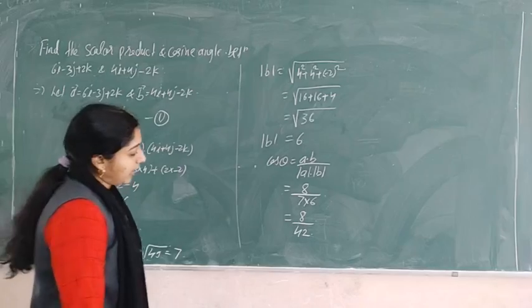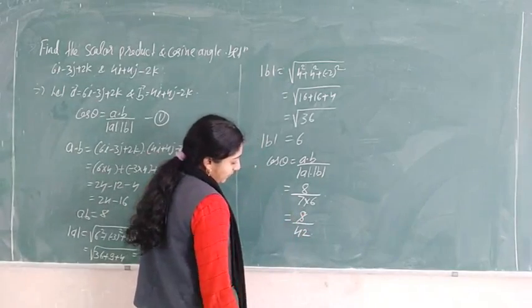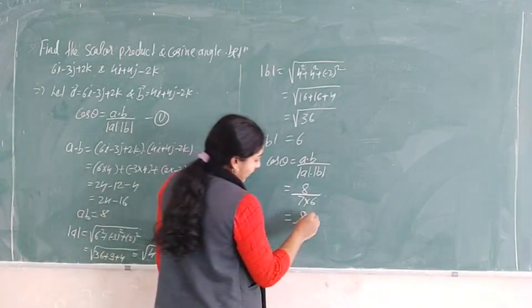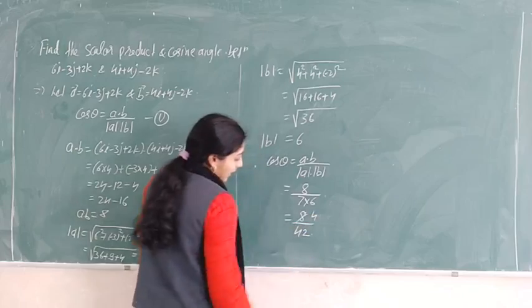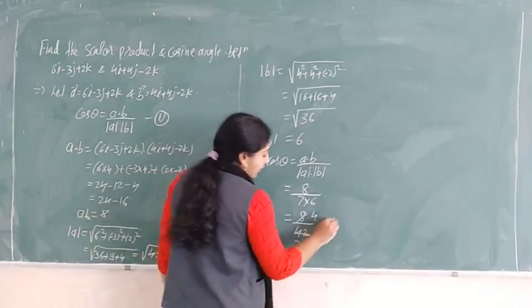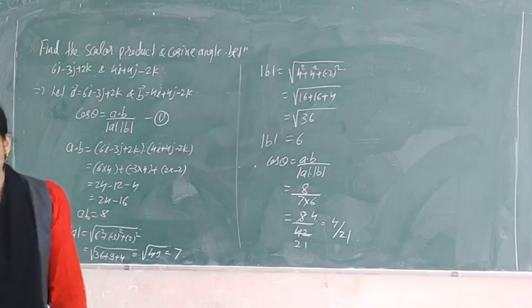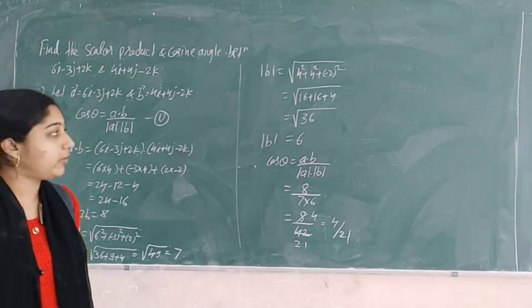Then try to divide this. Both are divisible by 2, so we can divide it by 2. 2 fours are 8, 2 twos are 4, 2 ones are 1. So you will get 4 divided by 21. So the value of cos theta is 4 divided by 21.